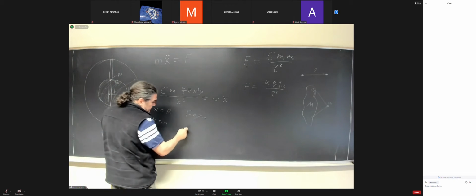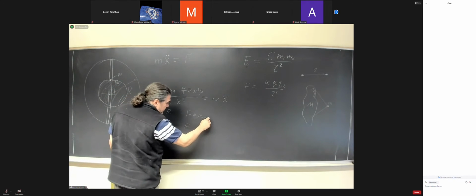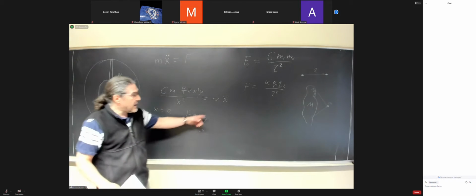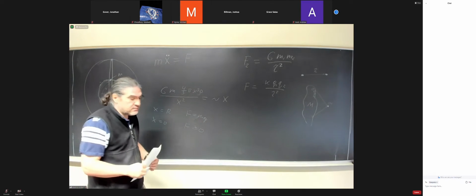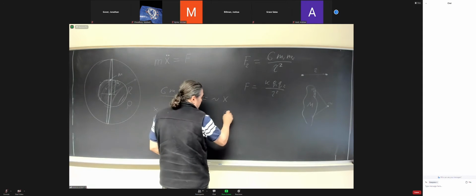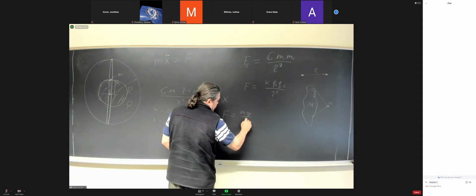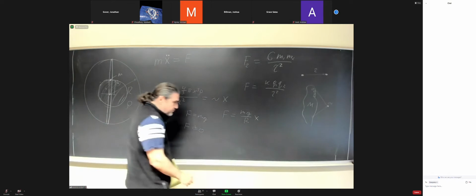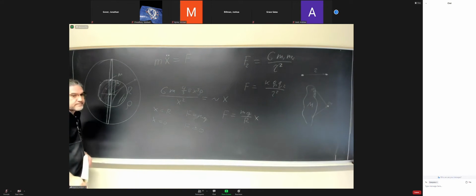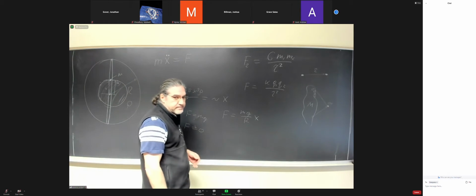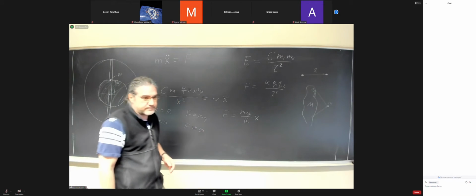And at x equals 0, force equals 0. And the function must be linear in x. So it means that the function must be mg divided by r times x. Right? That makes sense?